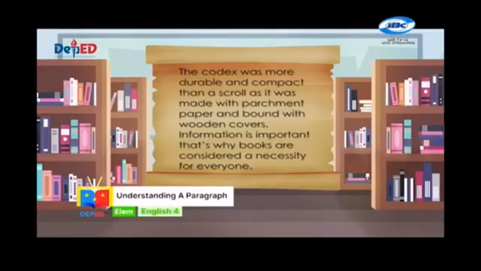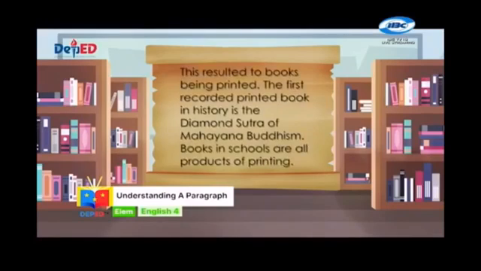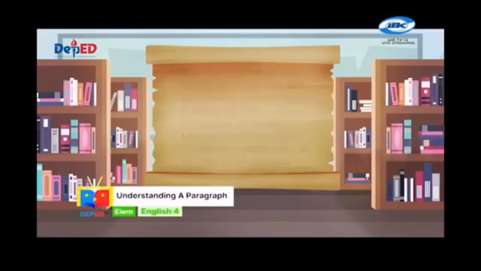Information is important. That's why books are considered a necessity for everyone. This resulted to books being printed. The first recorded printed book in history is the Diamond Sutra of Mahayana Buddhism. Books in schools are all products of printing.